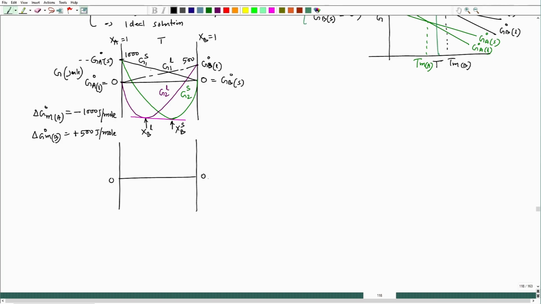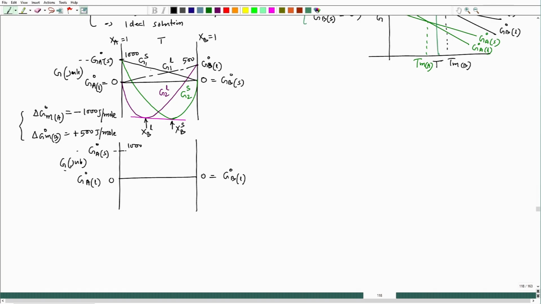Now we are assigning G naught B liquid as my reference condition for the B side, and we are not changing anything on the left side. This is G A naught liquid as 0. So, we will place G A naught solid at 1000 joule, this is G in joule.